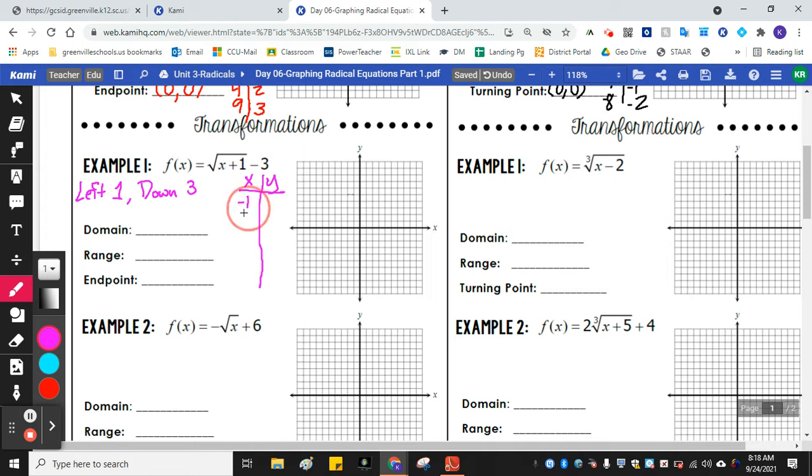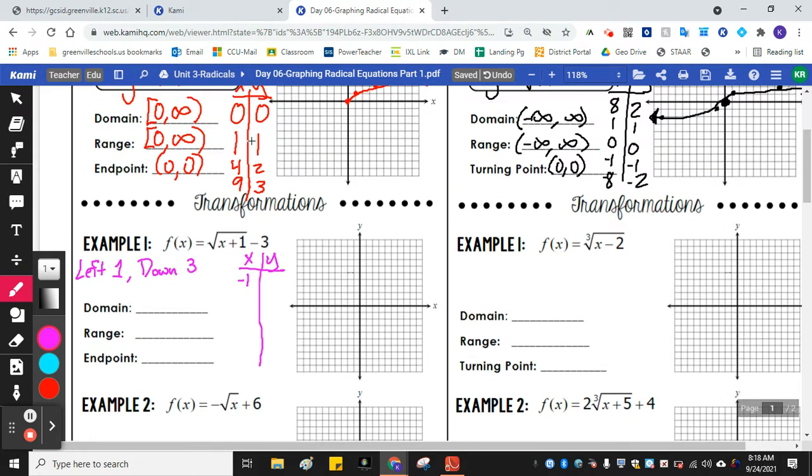So 0 minus 1 is negative 1. 1 minus 1 is 0. 4 minus 1 is 3. 9 minus 1 is 8. And down 3, I can subtract 3 from my y's. So negative 3, negative 2, negative 1, 0.